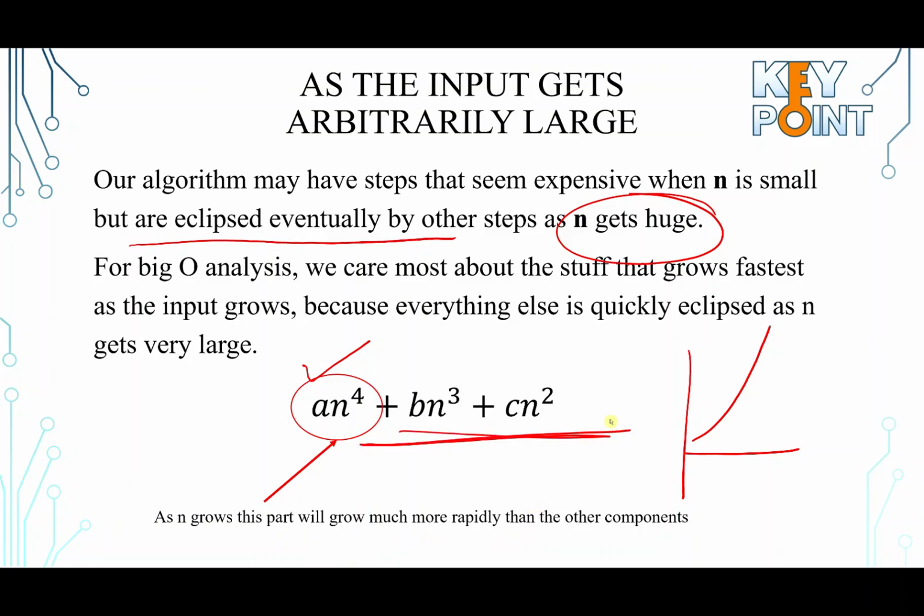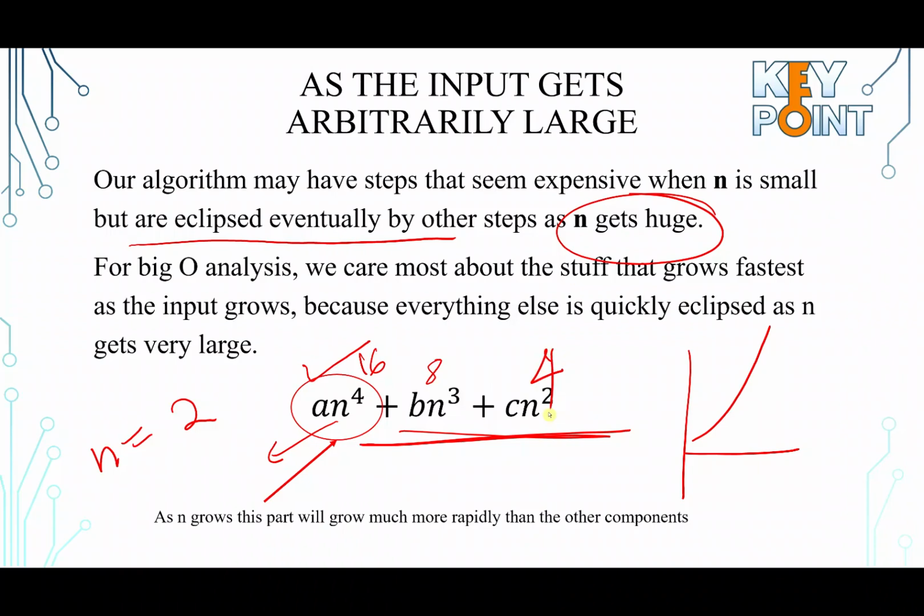So I will give you an example. If n equals 2, this is 2 times 2 times 2 times 2, which is 16. This is 2 times 2 times 2, which is 8. This is 4.